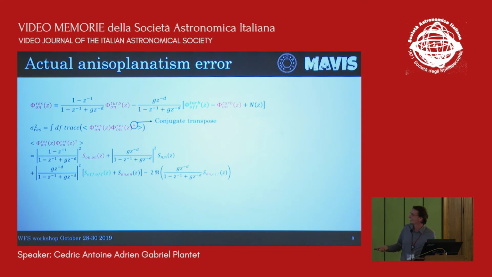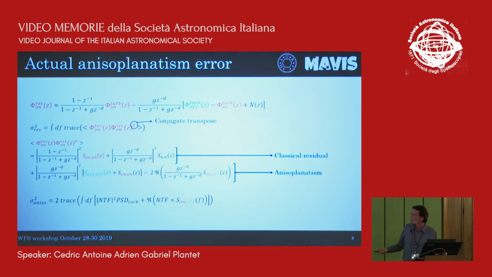And you have this final expression where you can see the classical computation of the residual with the RTF squared and the NTF squared multiplied by the classical PSD and the noise PSD, and you have this anisoplanatism error that appears here.